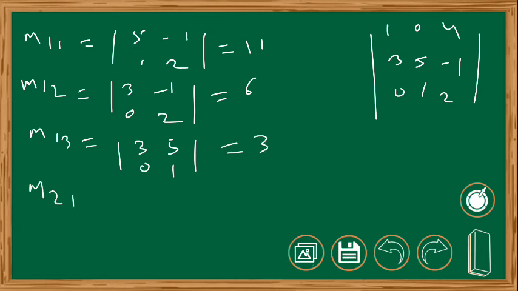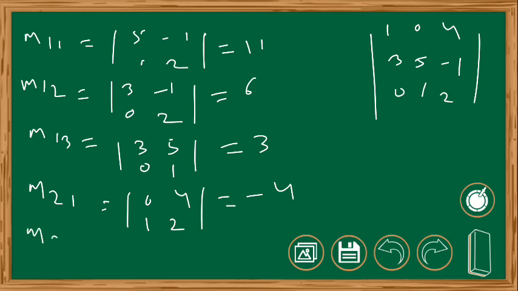Similarly M21, the second row and first column element: you remove this one. What is left now? It will be 0 4 and 1 2, so it is 0 minus 4, which is minus 4.